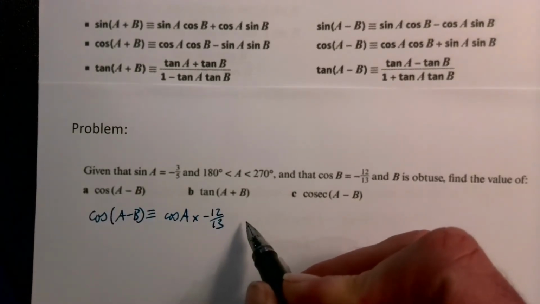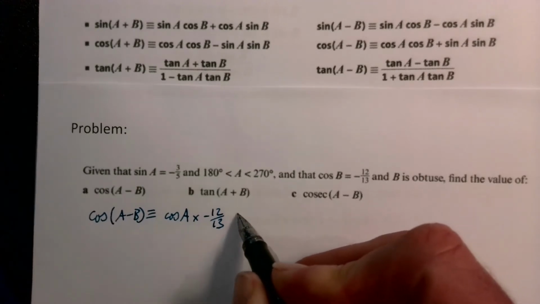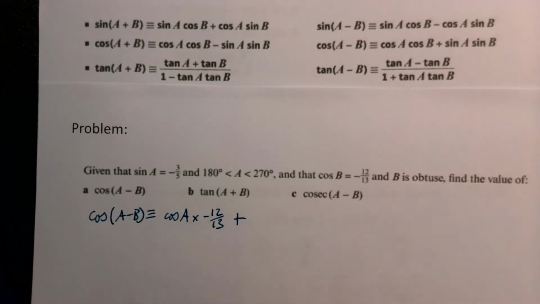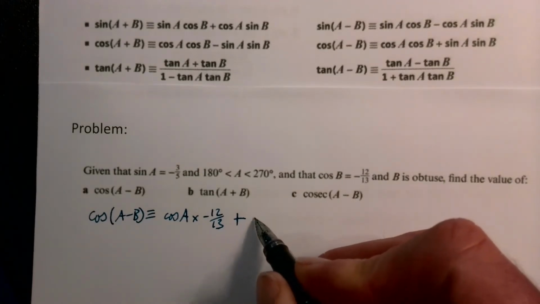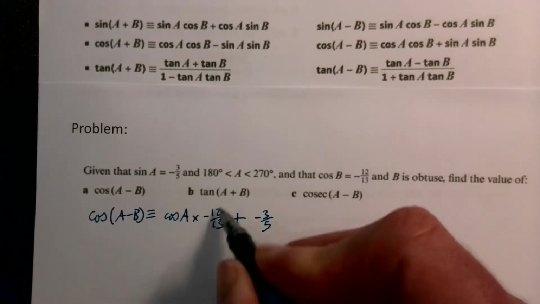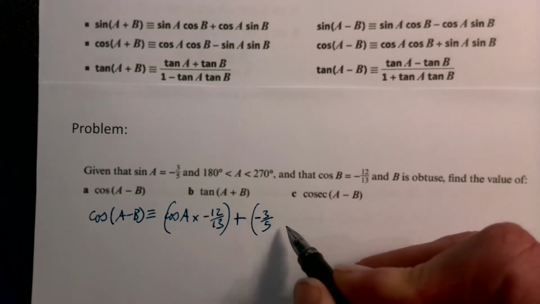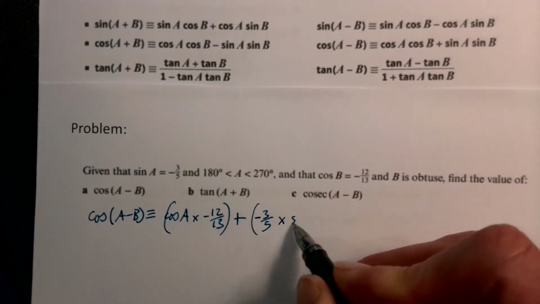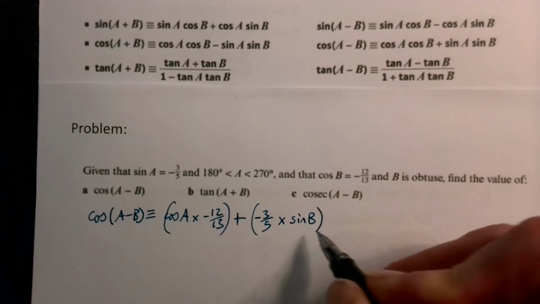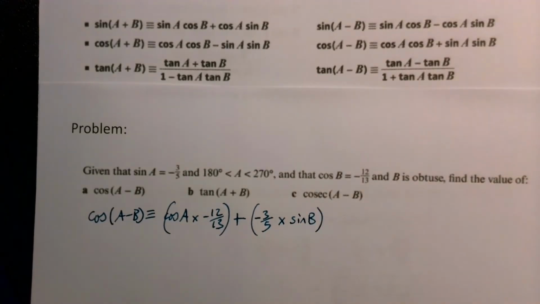And then we're going to be adding, because with cos it's minus, then you have to add on the other, then it's sine A, which we know is negative 3/5, and we're going to multiply that by sine B. Not sure what that is yet. So we need to work out what cos A is and what sine B is.